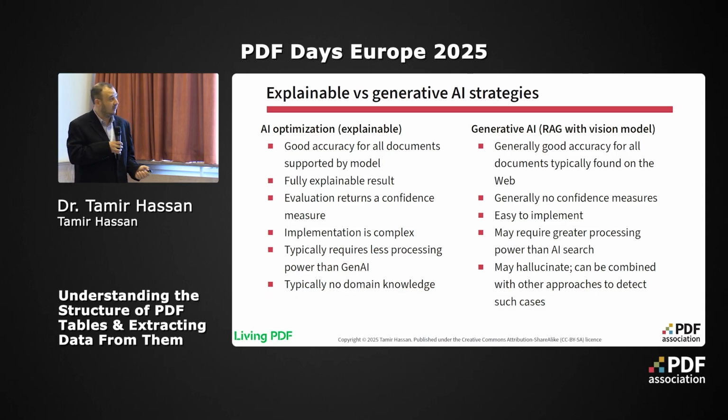It's also quite costly. Again, if the optimization strategy is efficient enough, then it's probably going to be a lot less costly than generative AI. And ultimately, if we combine it with other approaches, then we can get the best of both worlds.